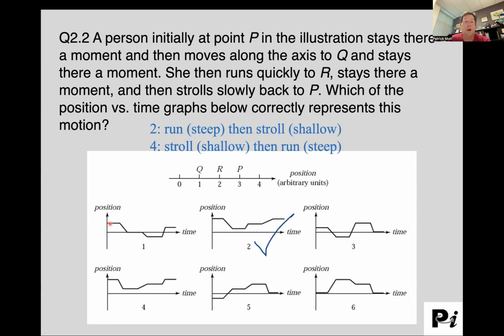And then notice, if you're not changing position, so you stay there for a moment, that means your position is constant as time evolves. So you just have a horizontal line in a position versus time graph.